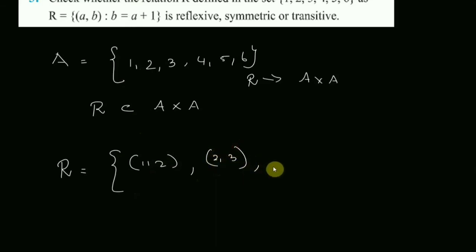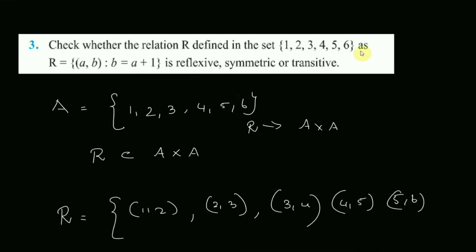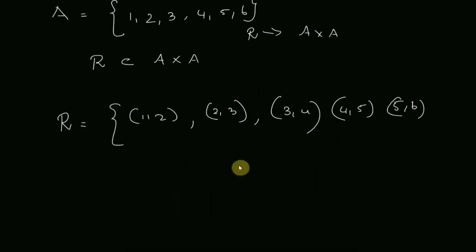Put a as 3, so (3, 4), then (4, 5) and (5, 6). If you put 6, you will get 7. (6, 7), the ordered pair, is not an element of A × A. So we cannot use 6.